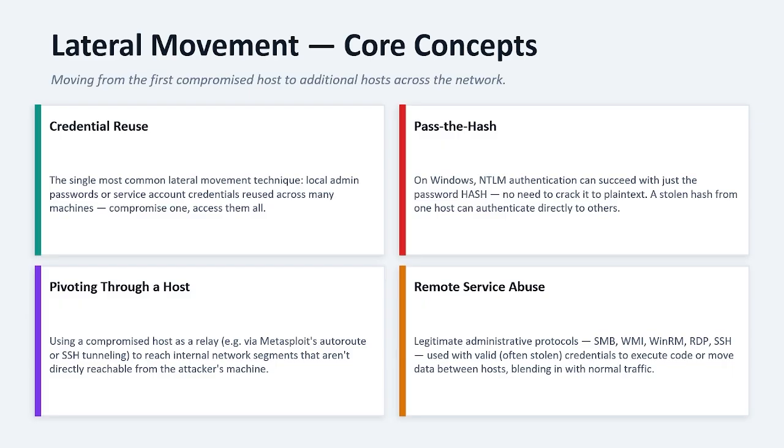For lateral movement, the first thing you check is credential reuse, because if somebody used a password once, they might use it elsewhere. There is also, on an Active Directory environment with Windows devices, it's a lot easier to laterally move across the network if you get sufficiently high credentials for it. So if you, like I said, get domain admin credentials, you can almost get anywhere you want without any problems.